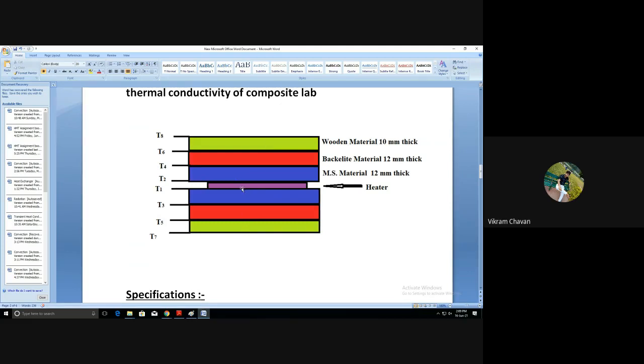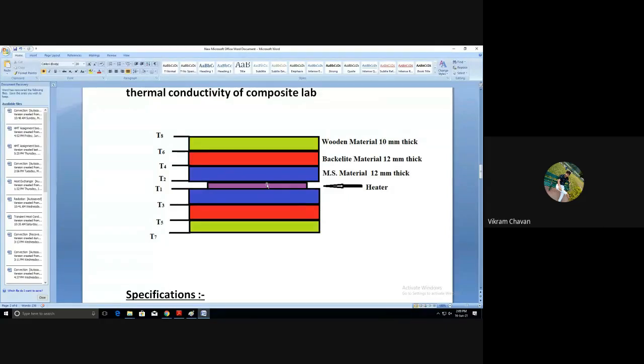Now the heater I have shown in purple color. The heater is placed in between two composite walls, one on the top side of the heater and another on the bottom side, having similar kinds of materials placed at equal distances. The heater's main function is to convert electrical energy into heat energy.